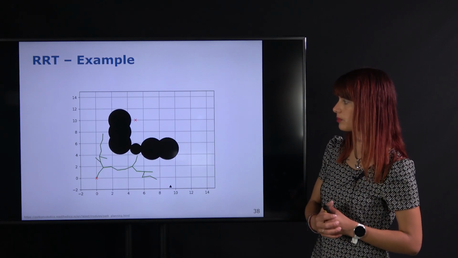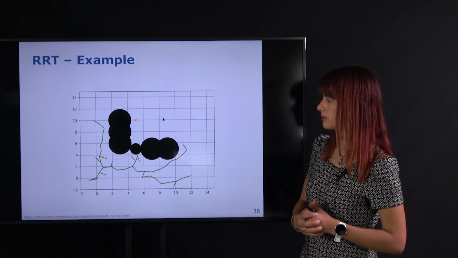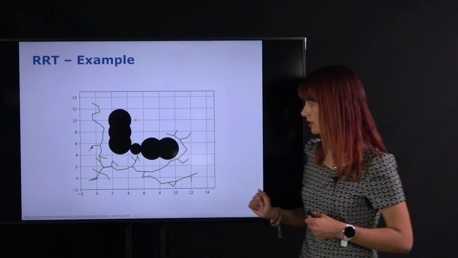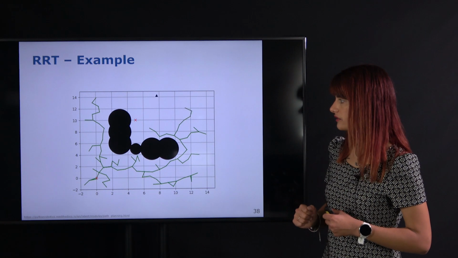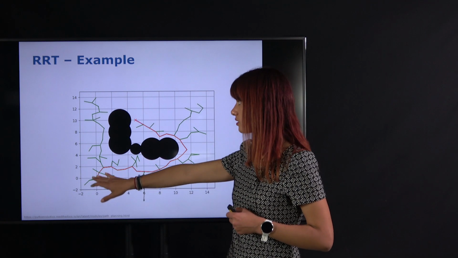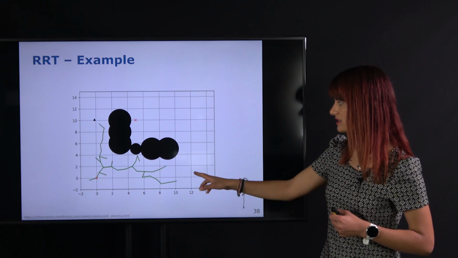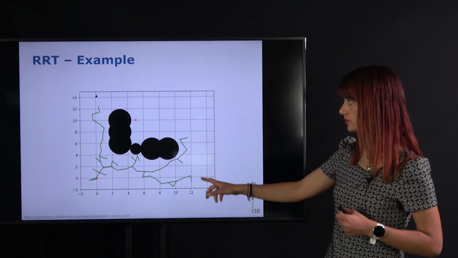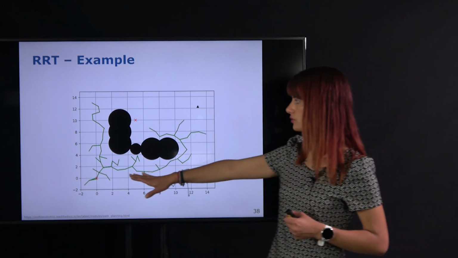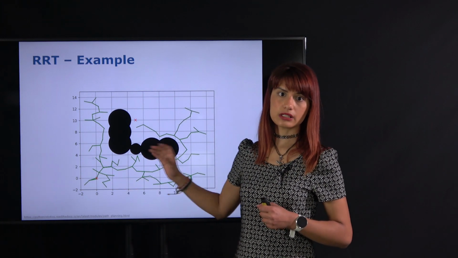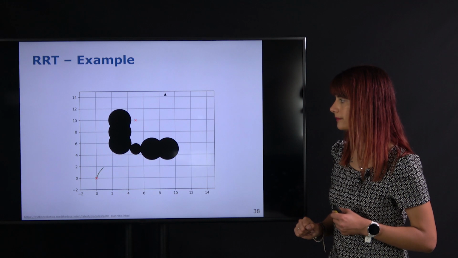And so here's an example of how this works in an animation. The black circles are the obstacles in this 2D environment, and the red crosses are the start and the goal. So we have some step size, and we're sampling new nodes very quickly here with the triangle and growing our tree as shown by the green lines. These are the branches.